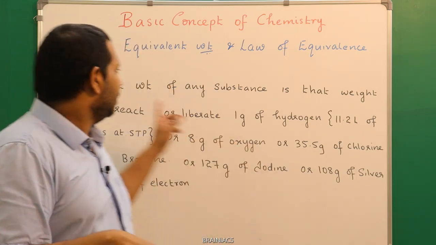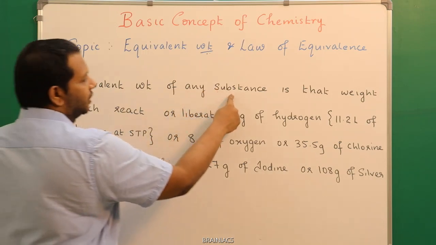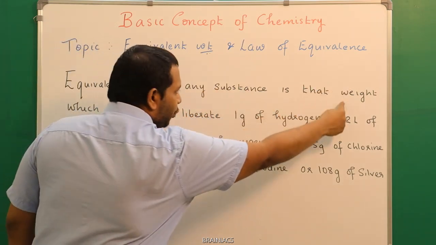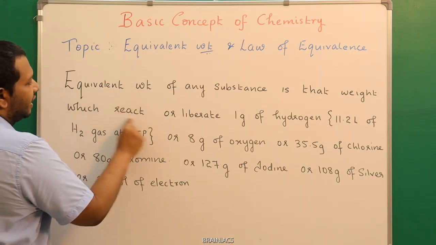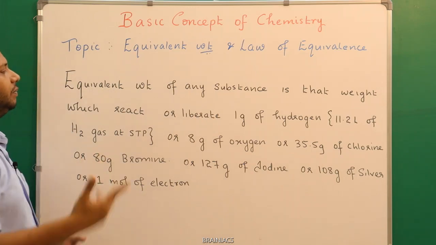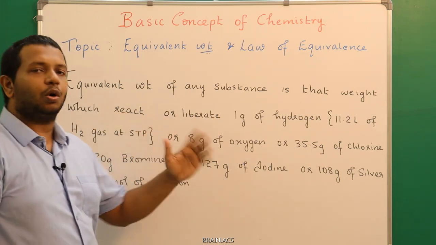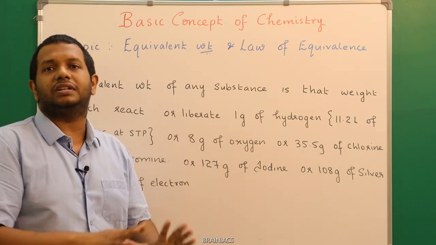That is why, if you see the definition here, the equivalent weight of any substance is that weight which reacts completely, which reacts or displaces. Liberate means displace, which will react or liberate. From the reaction it will get liberated. That means it is completely involved in the reaction.